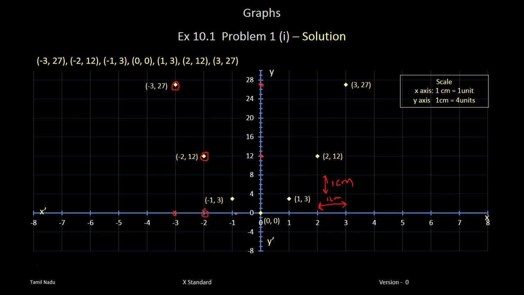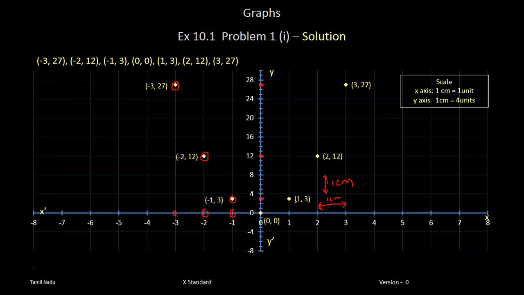So x is equal to -1 is here, and y equal to 3, which is 0, 1, 2, 3. So you come horizontally on this and vertically up. They intersect at one particular point, that is -1 and 3. The next one is 0, 0. So this is the point 0, 0, where the x-axis and y-axis meet, right?